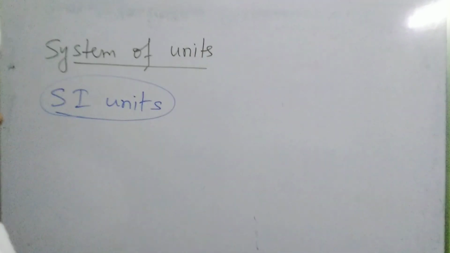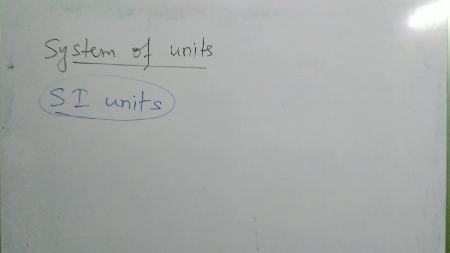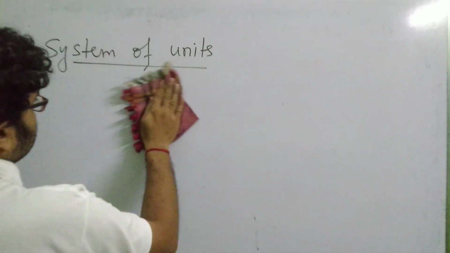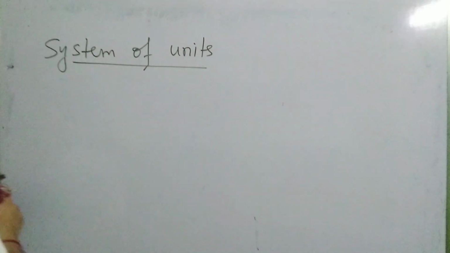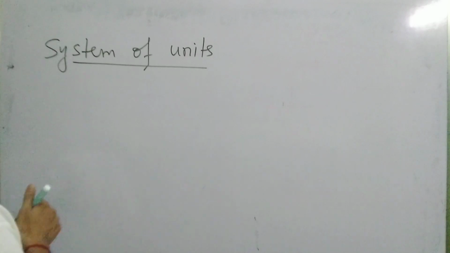So here we will be pointing out the SI units of those 7 fundamental physical quantities as well as the 2 supplementary ones. Okay, so you can write with me, so it will be a nice practice for you.